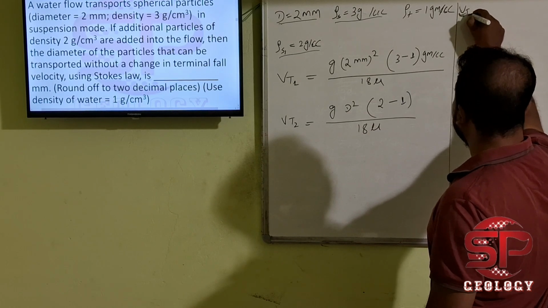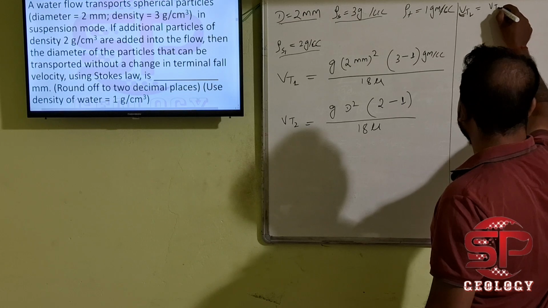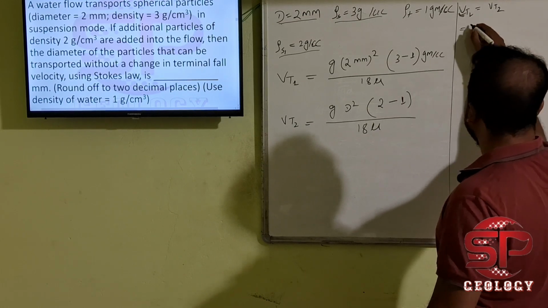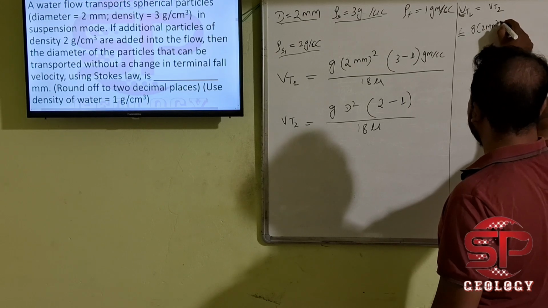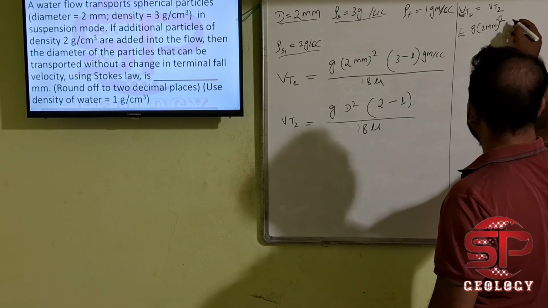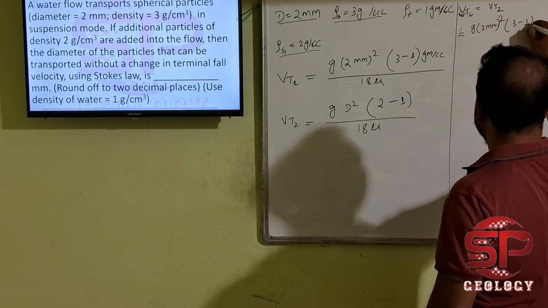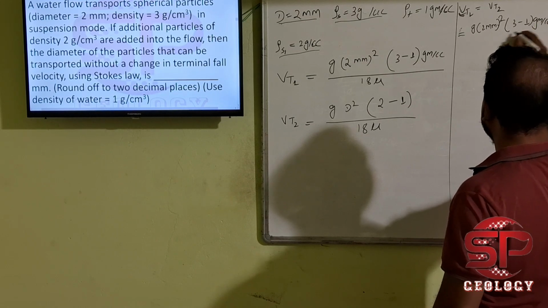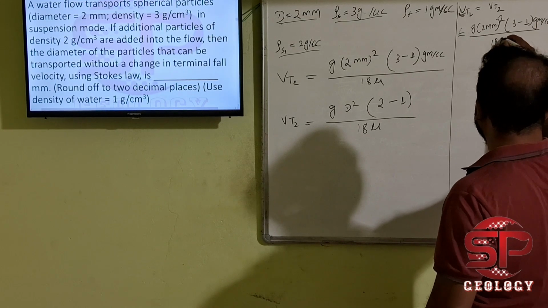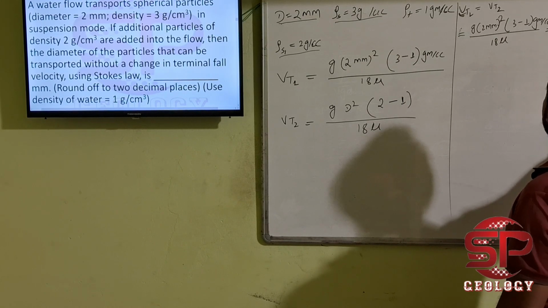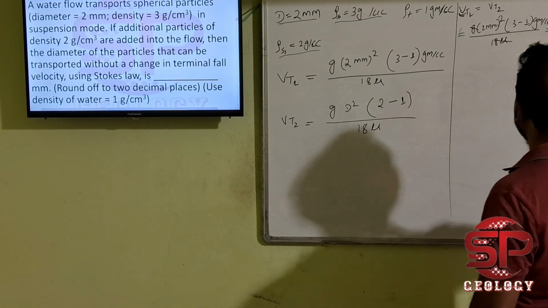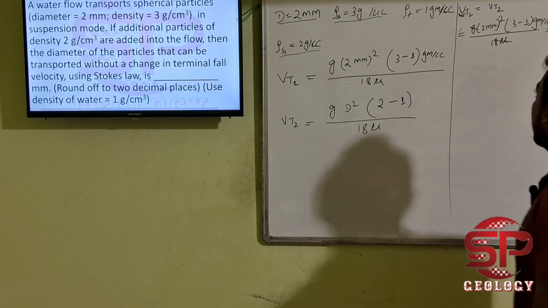So terminal velocity 1 is equal to Vt2. So g into 2 mm square, 3 minus 1 gram per cc divided by 18 mu equals g d square, 2 minus 1 divided by 18 mu. So 18 mu and g will cancel each other.